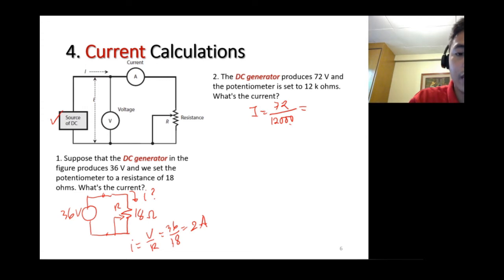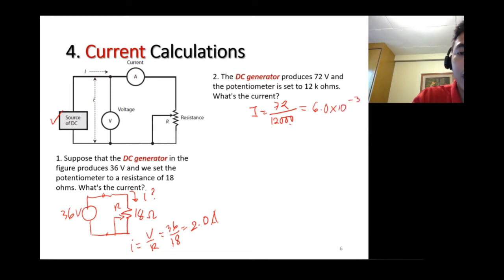So this is 6 times 10 to the negative 3. By the way, we have two significant figures, so we write 6.0 times 10 to the negative 3.